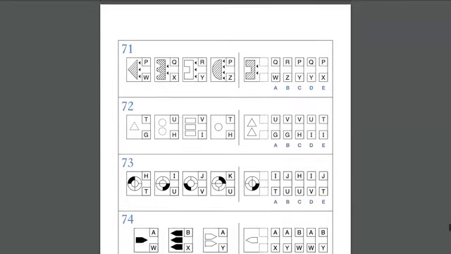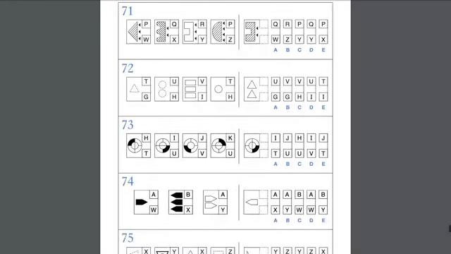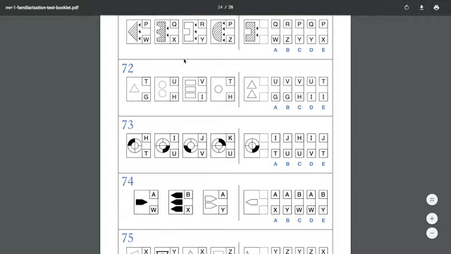So we're on the last page now. Try doing this one. What's the answer for 71? Which shape has two of these? Look at that, two arrows.